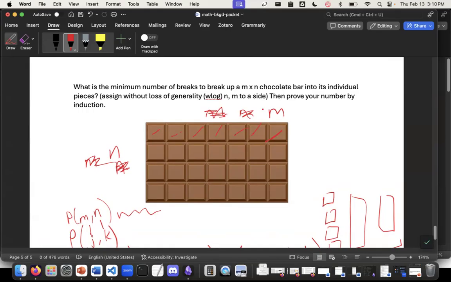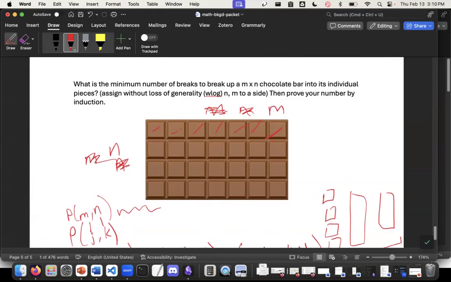It's M. So we're looking at the case where M is 7 and N is 4.